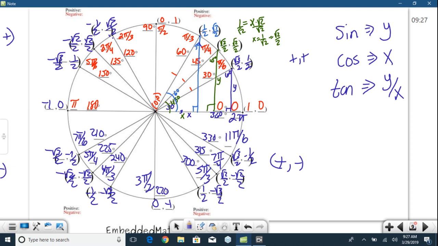What's the reference angle for 210? What you just did in your notes. How do you find the reference angle? It's in the third quadrant.